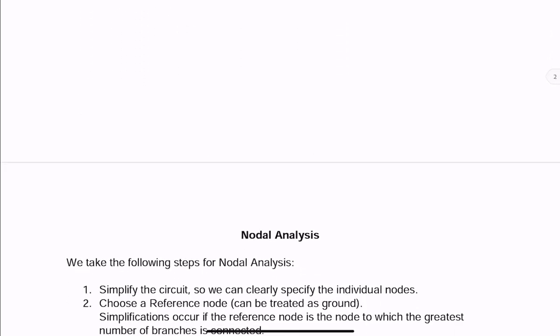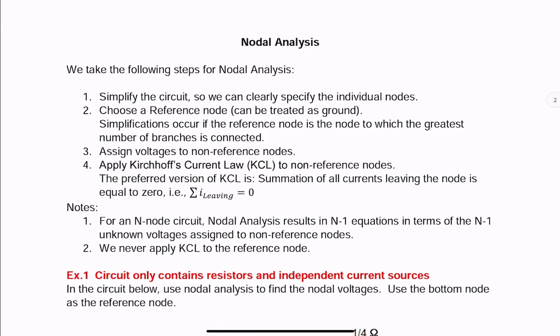To do a quick review of nodal analysis, the first step, in doing nodal analysis, mesh analysis, or anything else, is, if possible, simplify the circuit. That is always our first step. For nodal analysis, we choose a reference node.